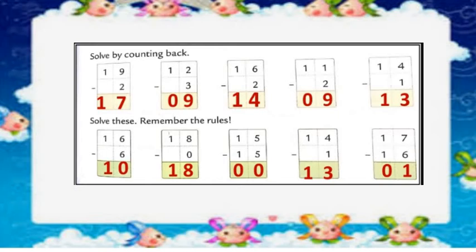Move on to the next sum, which is 14 minus 1. Everyone, write down the sum in your notebook. Make sure that you write the numbers in their proper place. 14 minus 1.